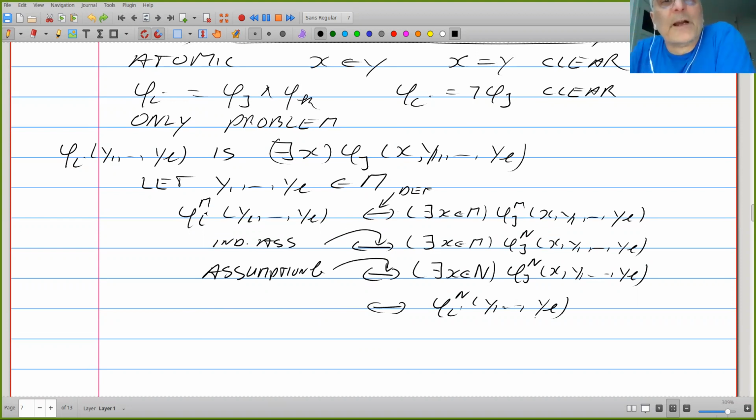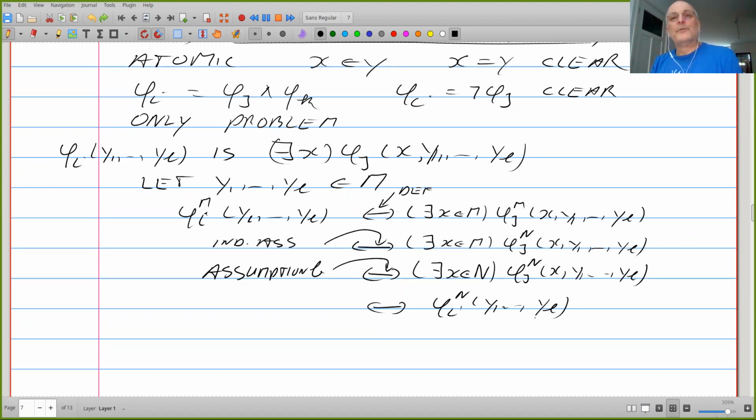We start out with phi I relativized to m, stick in y1 up to yl, see what it means, translate it using the inductive assumption, translate it once more using assumption B, and then say, but wait a minute, that was phi relativized to n with y1 up to yl included, and there we have it.